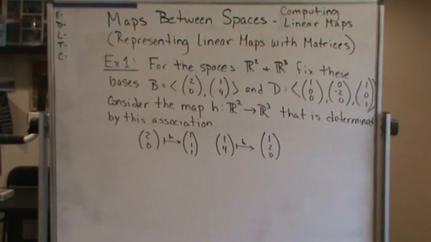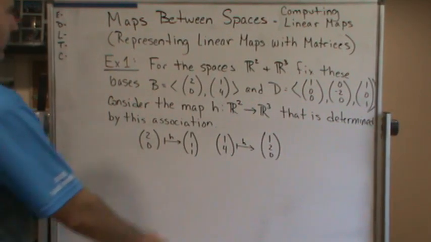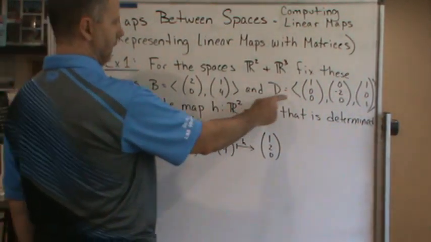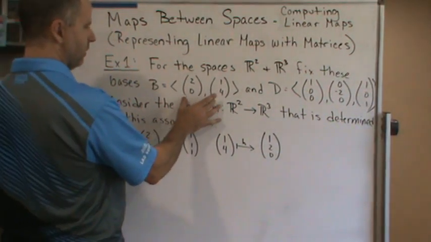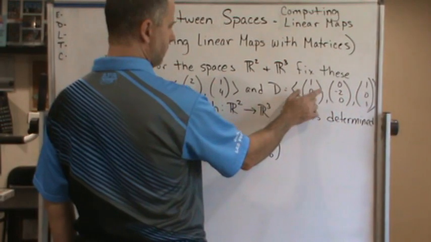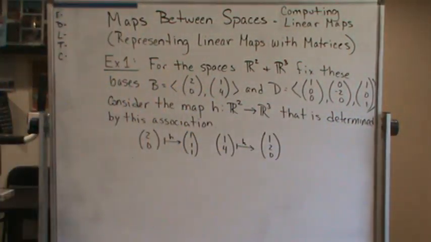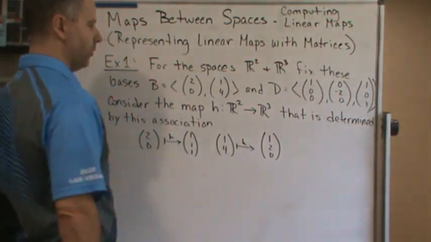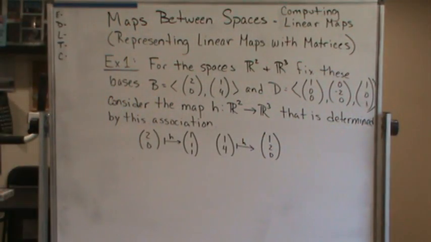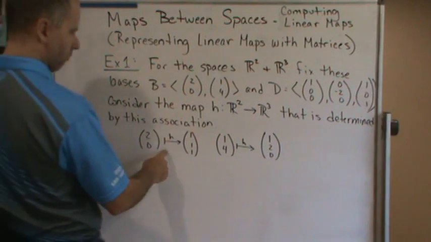So in this example, we have the spaces R2 and R3. And we're going to fix these bases. So we've got these two bases, B and D. Obviously, this is the basis for R2. This is the basis for R3. And we're going to consider the map H from R2 to R3 that is determined by this association.